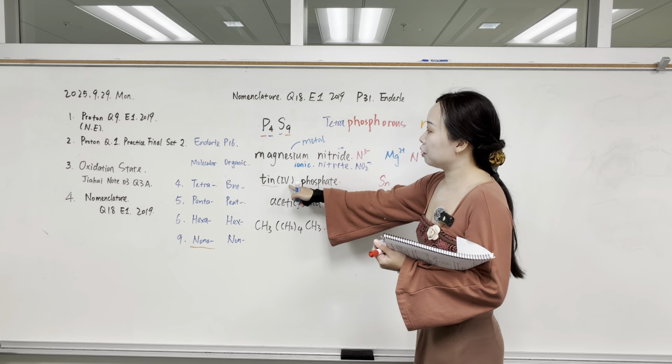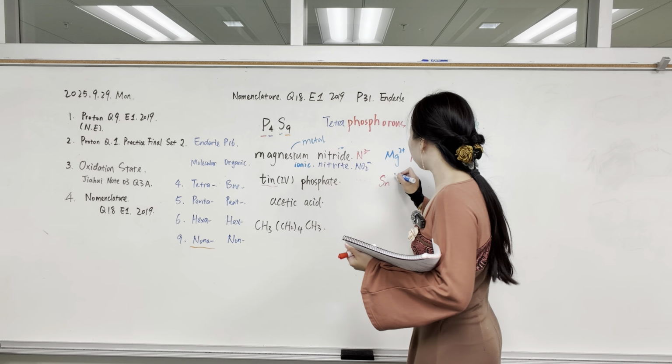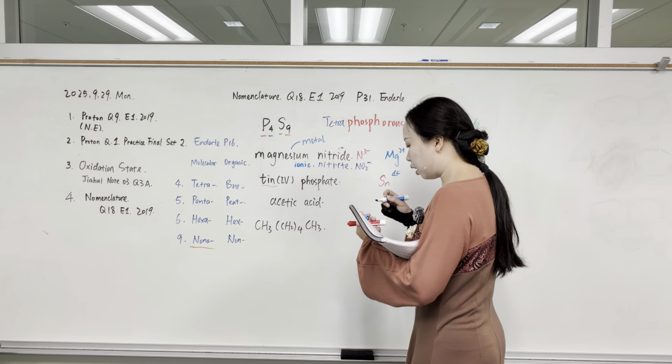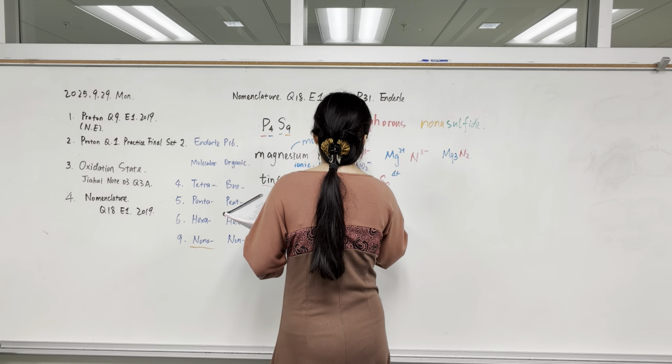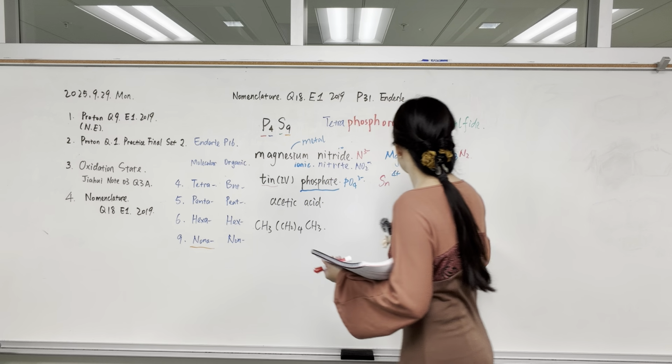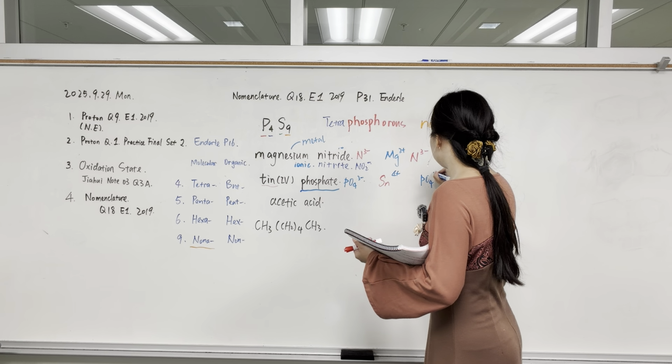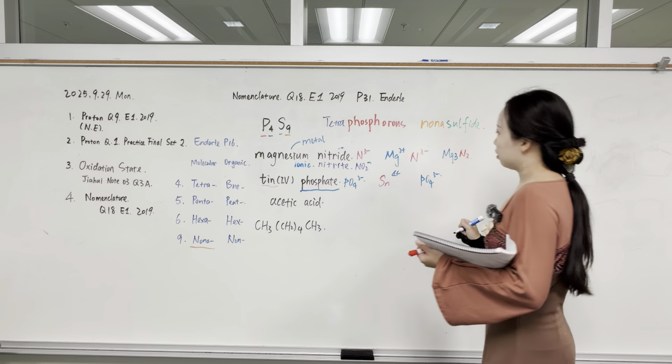By the way, it's positive 4. Are we good with this? Okay, and then phosphate is PO4 with 3 minus. Okay, PO4 with 3 minus.